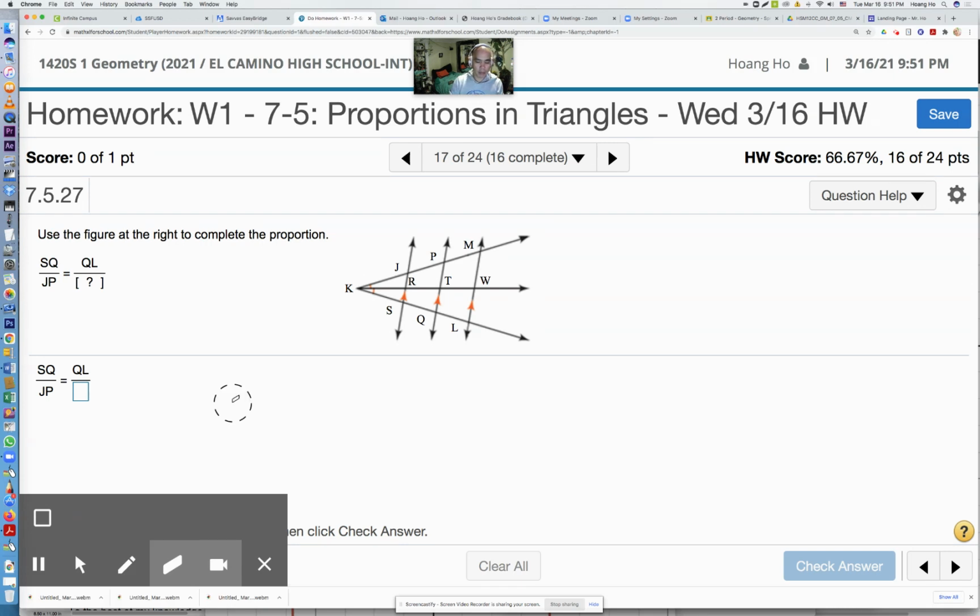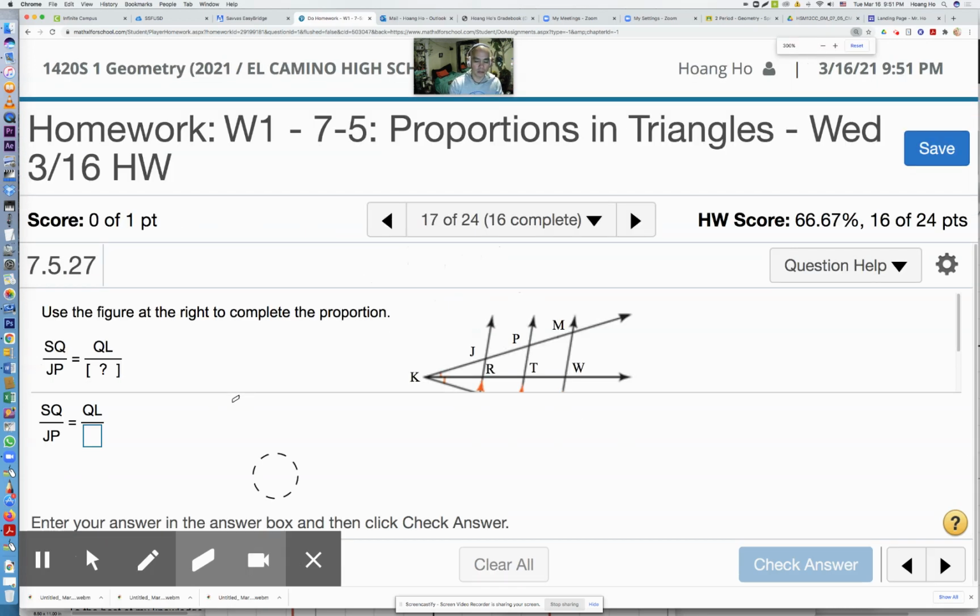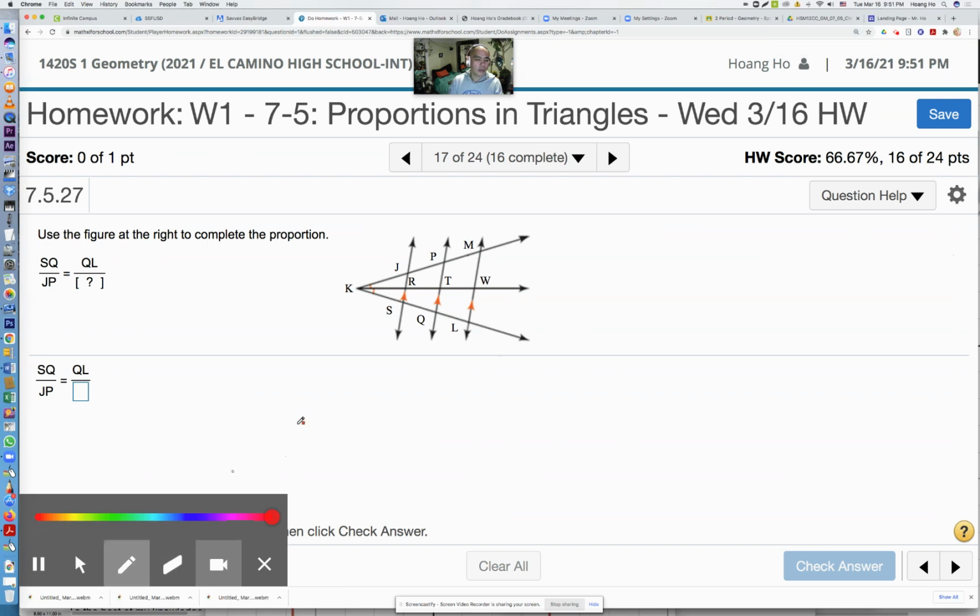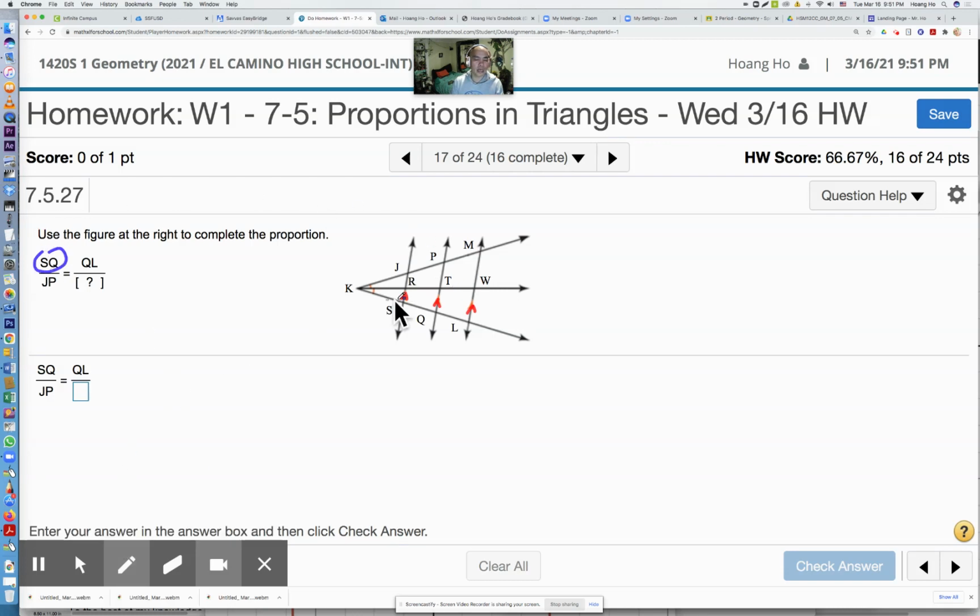Oh, very similar. Maybe I can make it a touch bigger. No, too big. Okay, so you got three parallel lines, then you got a proportion. SQ, where's SQ? SQ goes with JP, so they're corresponding right there.